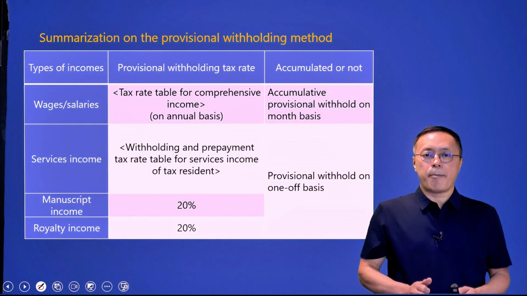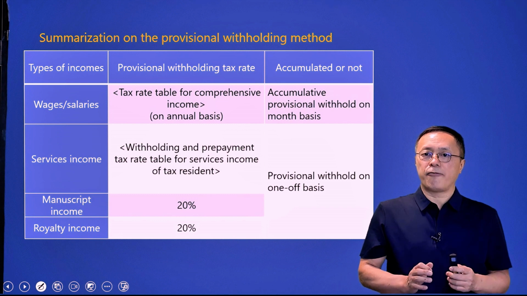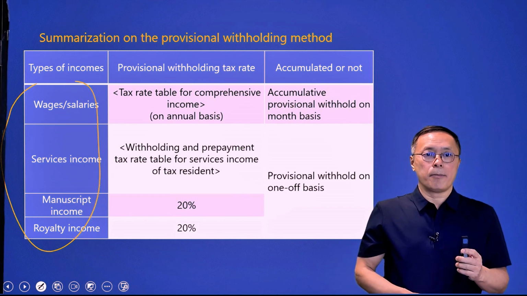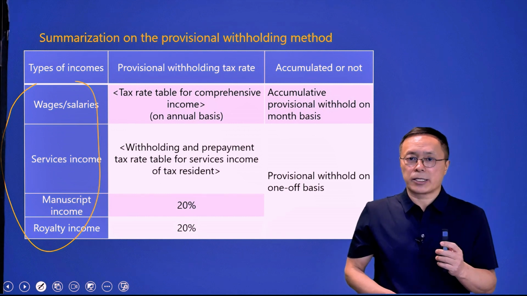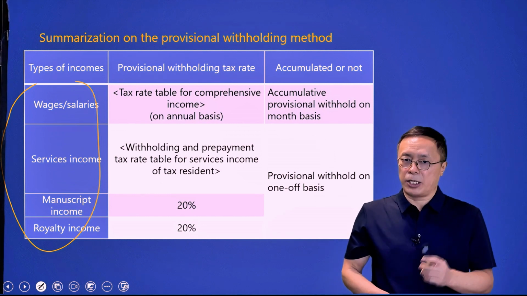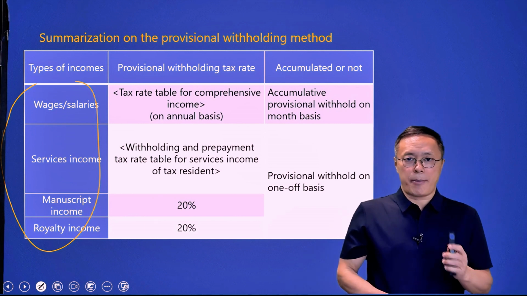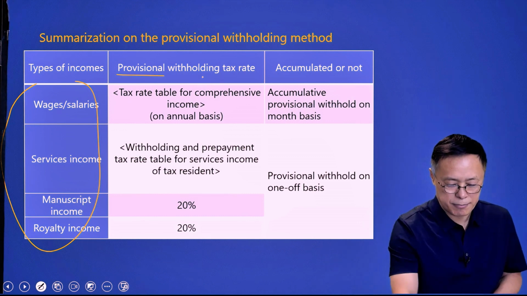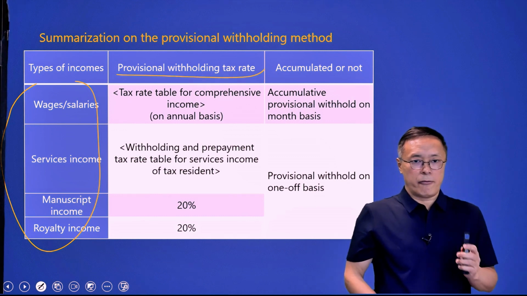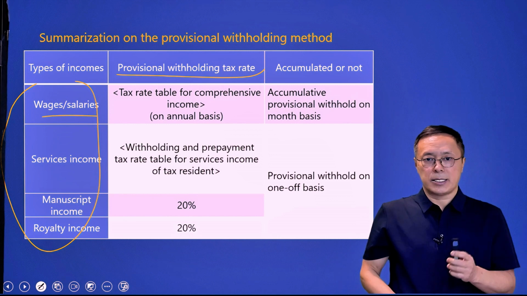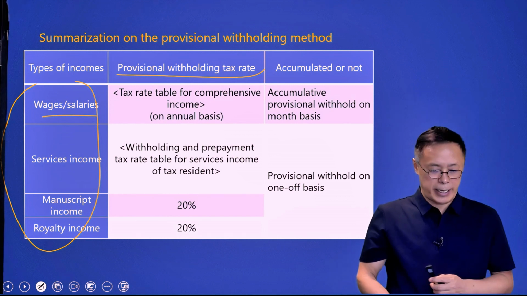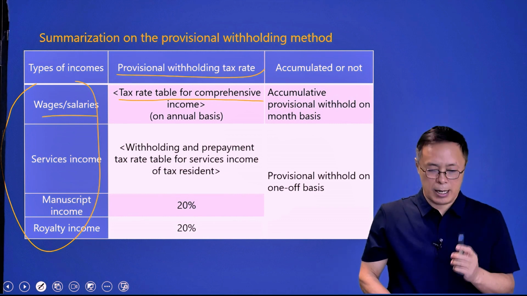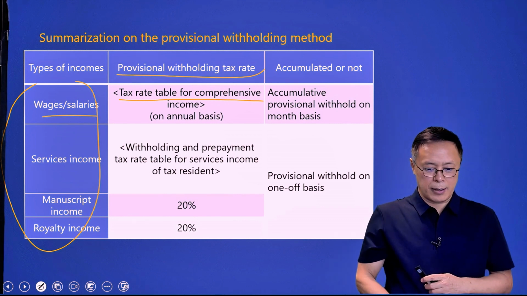Now let's compare the methods of provisional withholding on four types of income from the perspectives of provisional withholding tax rates and whether they are accumulated. First, compare from the perspective of provisional withholding tax rate. For wages and salaries, its provisional withholding tax rate is shown on the tax rate table for comprehensive income on an annual basis.